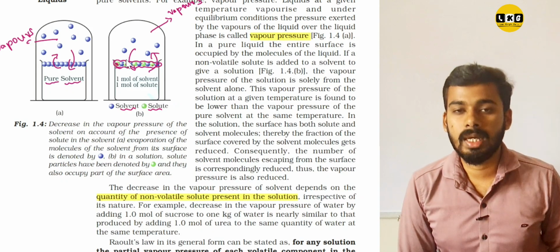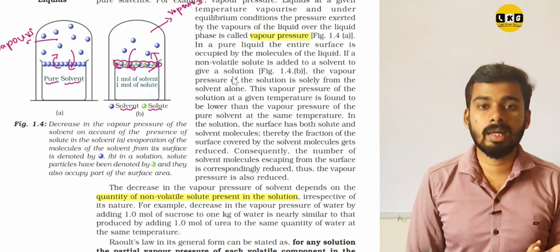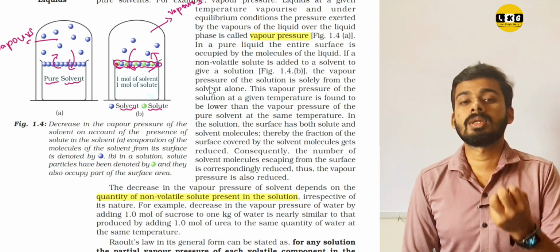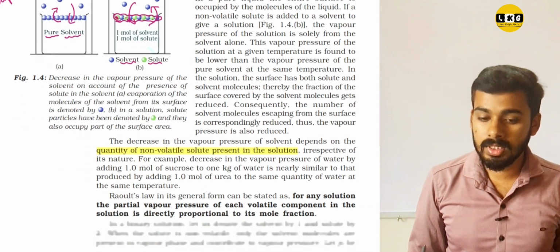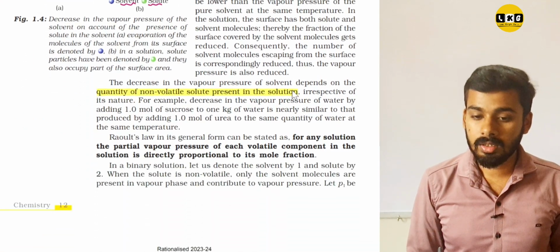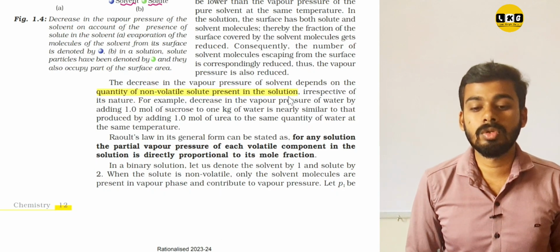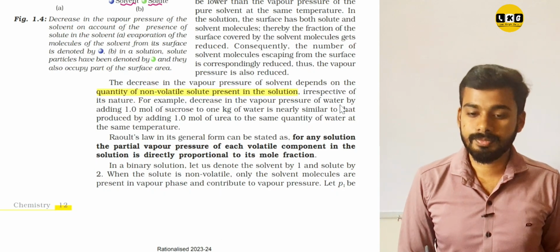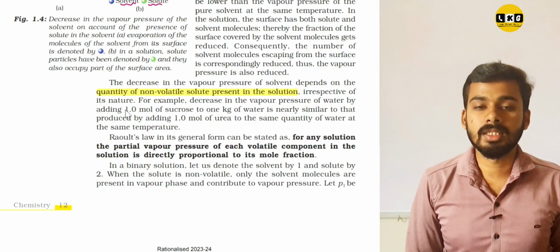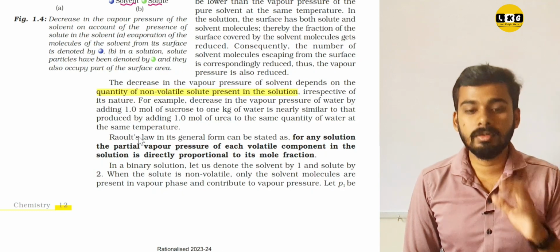As the quantity of solute you are adding increases, vapor pressure decreases. Thus we can say that the vapor pressure of the solvent depends upon the quantity of non-volatile solute present in the solution, irrespective of its nature. Whichever solute it is, it depends only on the quantity.